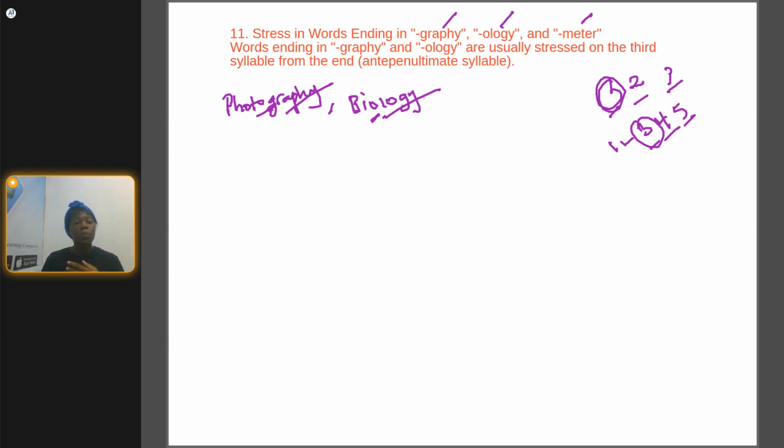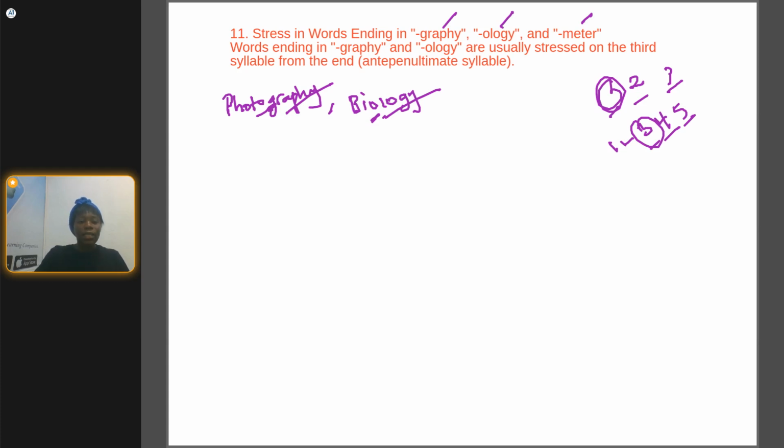Then we looked at words with prefixes like un, in, dis, re, pre. We mentioned that these prefixes are not stressed, so the stressed syllable will be in the root word, not in the prefix.